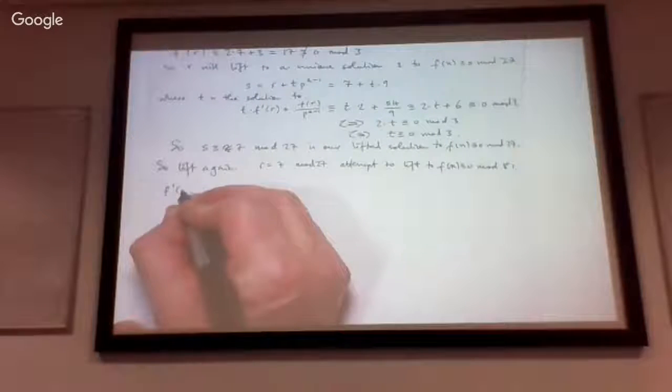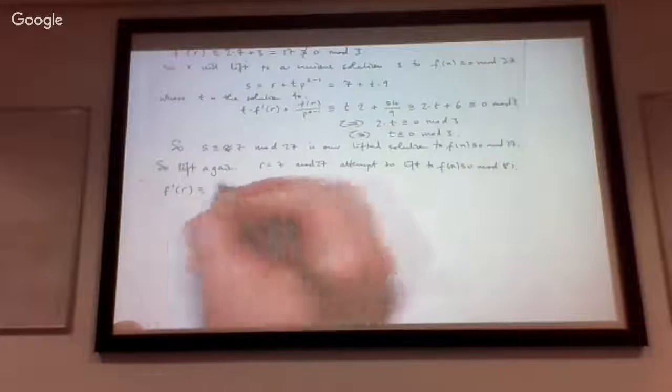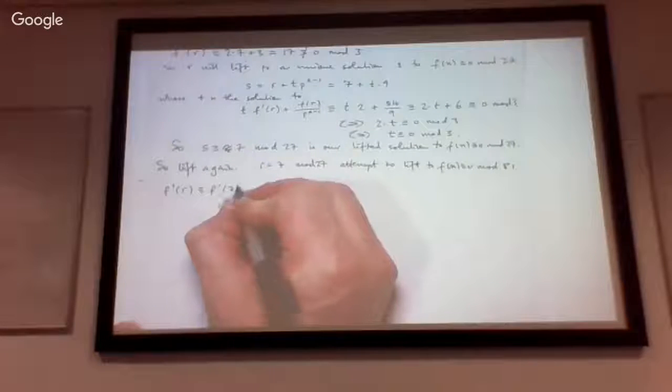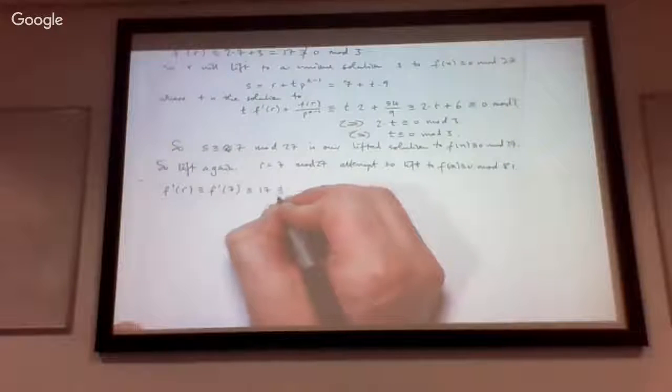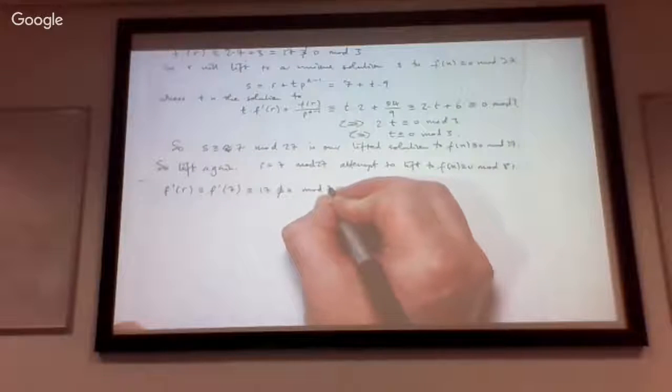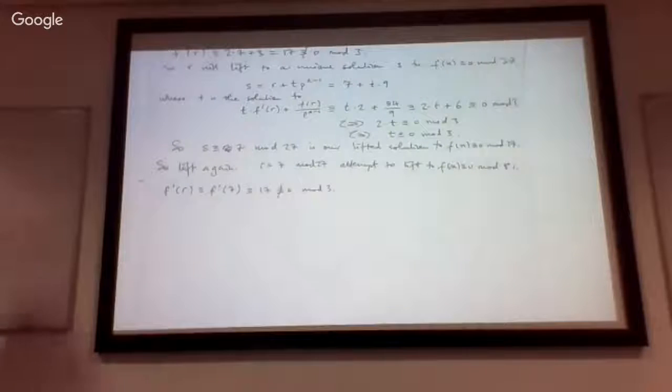We evaluate f prime of r, which is f prime of 7, which we already have. It's 17, which is still not congruent to 0 mod 3.